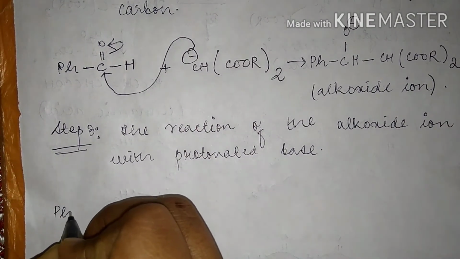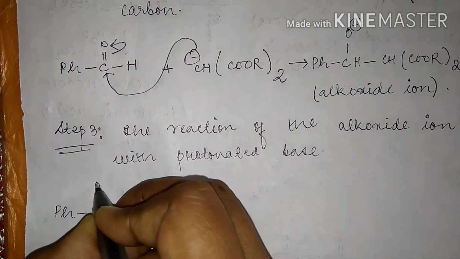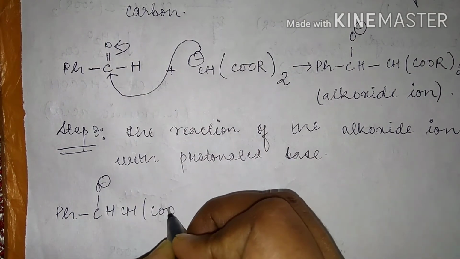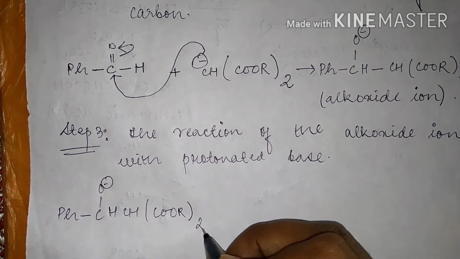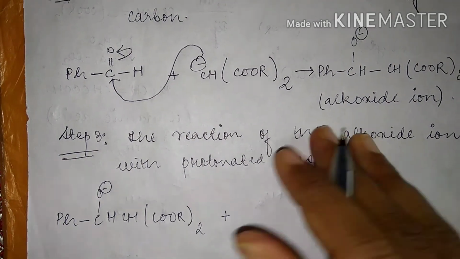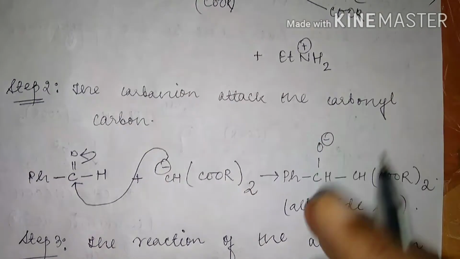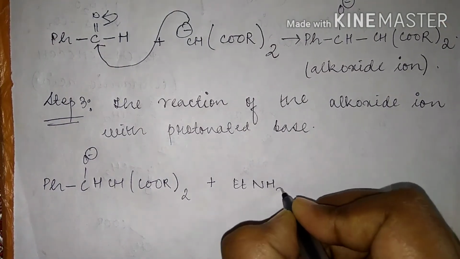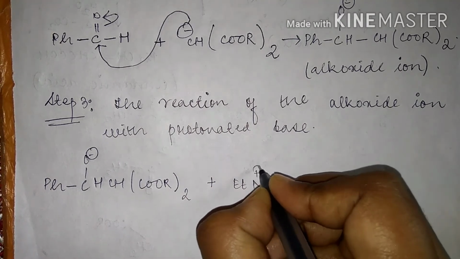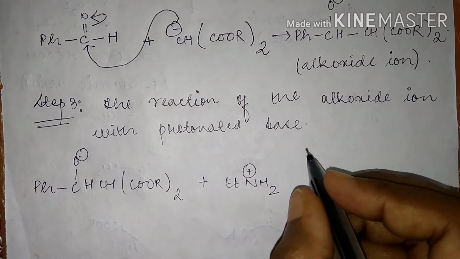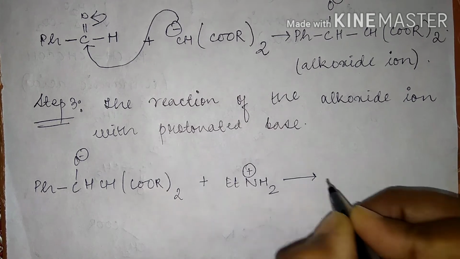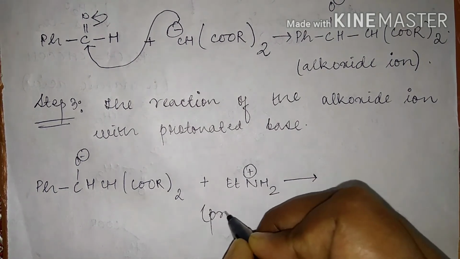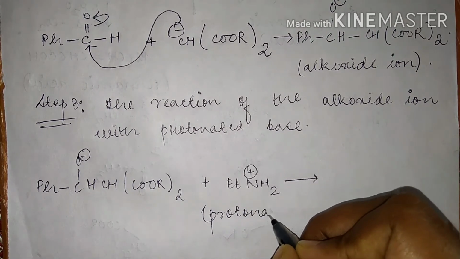We write the alkoxide ion again, and we use the protonated base again.